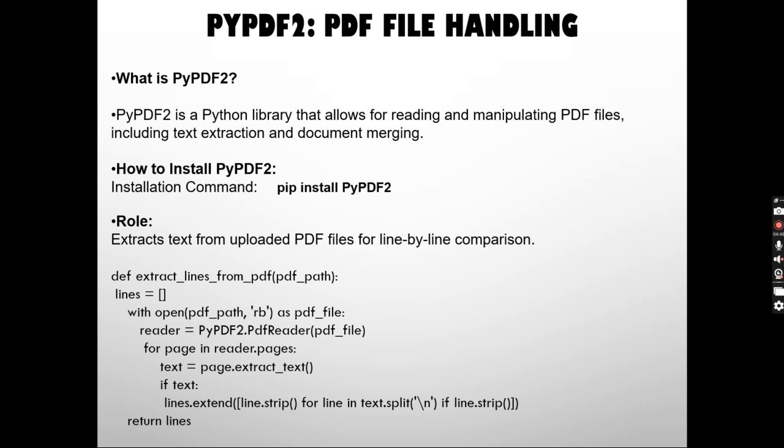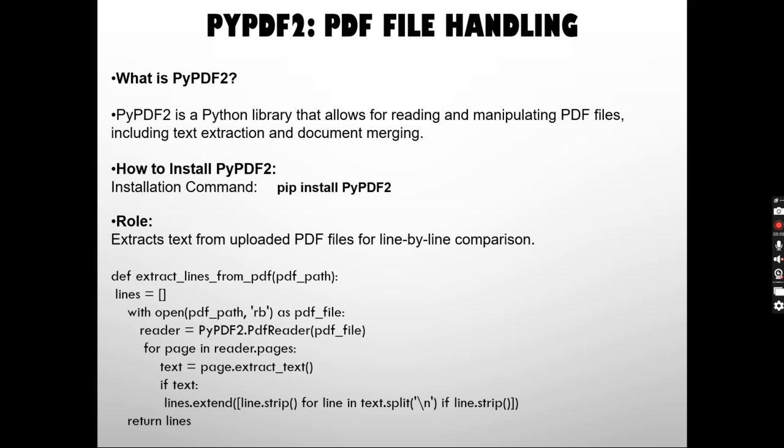We have a small code snippet for PyPDF2, or we can say for PDF file handling. This code snippet extracts and processes each line from the PDF, allowing for a more accurate comparison with the Excel data.